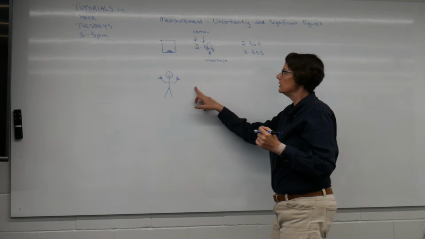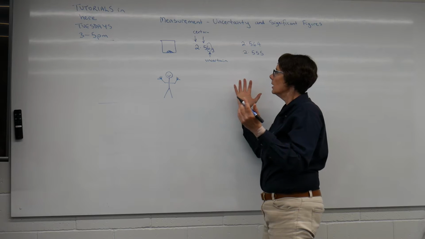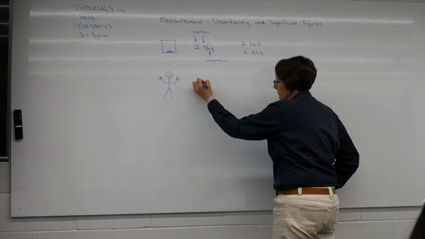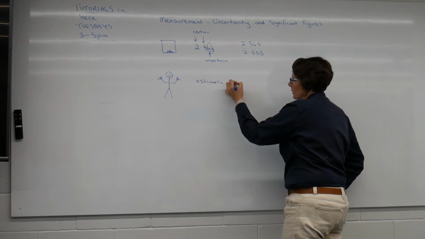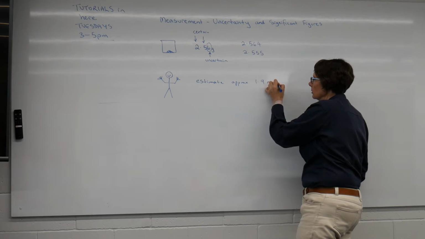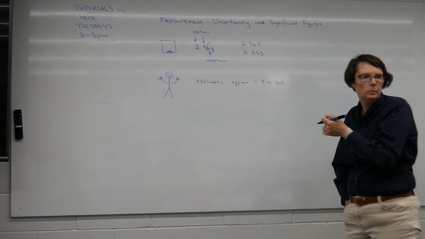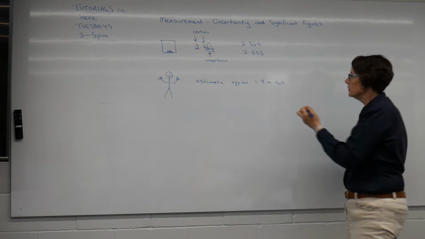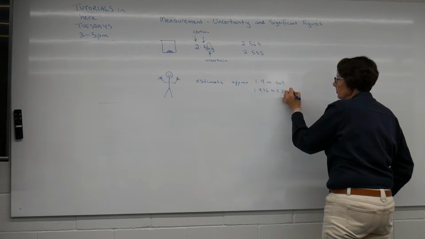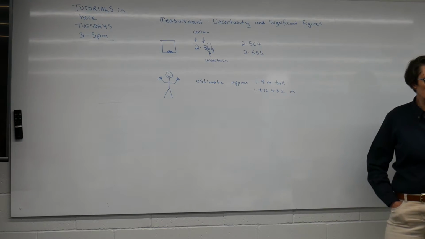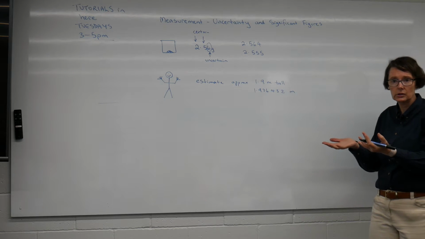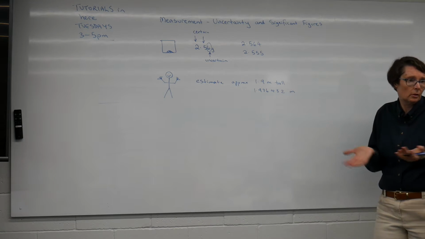So if I see this person here and I say, well, I'm going to estimate that they're approximately 1.9 meters tall, well, that's a reasonable approximation, but I couldn't say 1.976432 meters, because that would be ridiculous as an estimate. That's attributing an accuracy that just is not true.